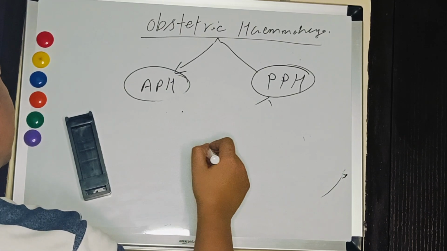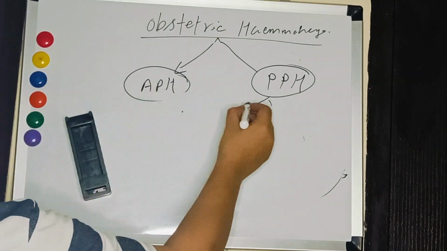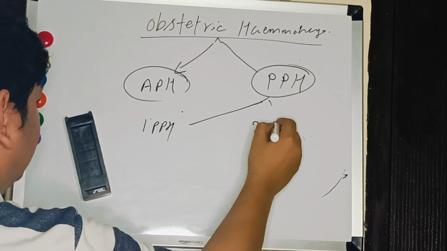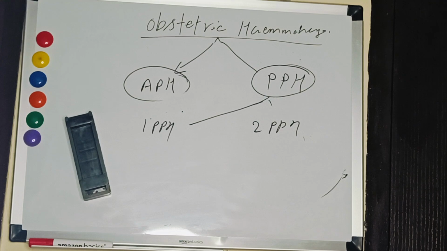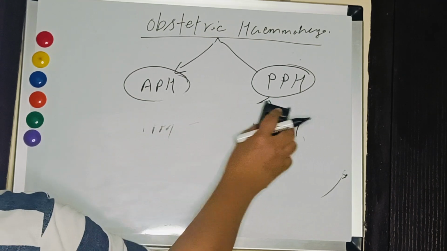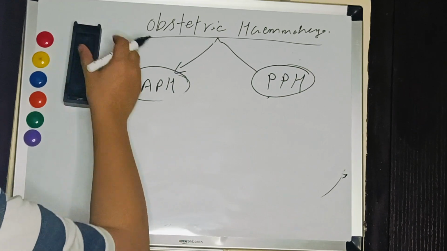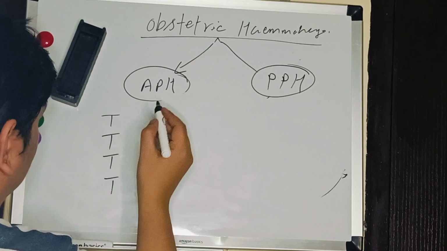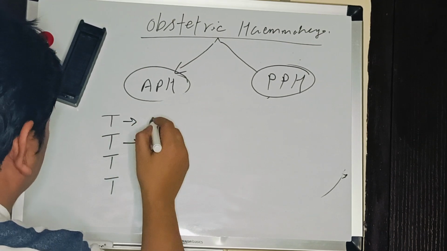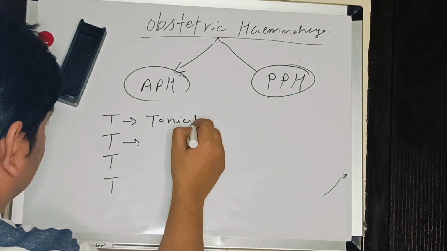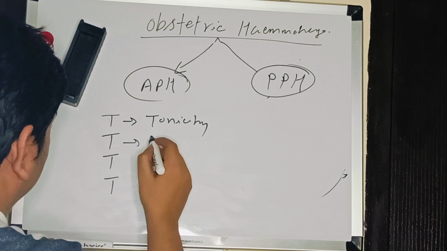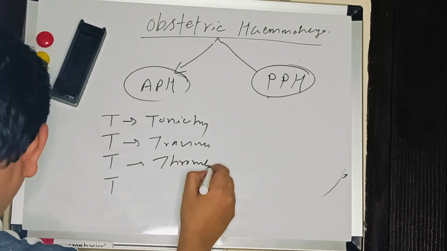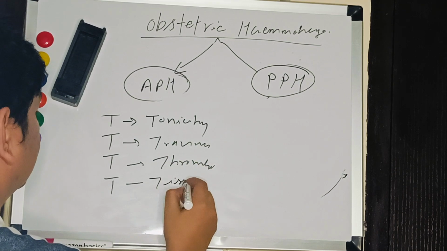What are the causes of PPH, primary or secondary? Causes can be divided under the following heading: 4 T's. T is tonicity, T is trauma, thrombin, and tissue.